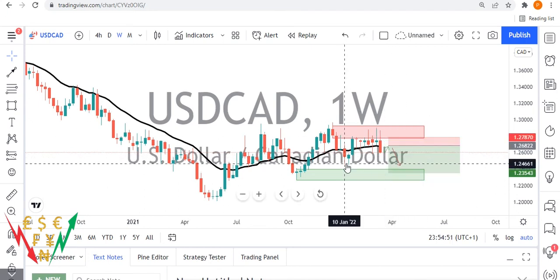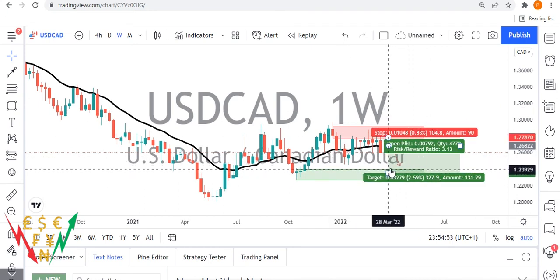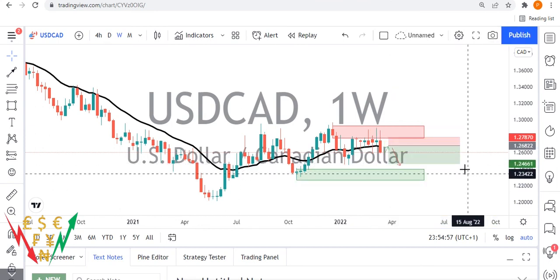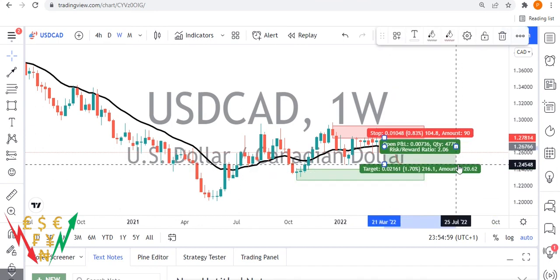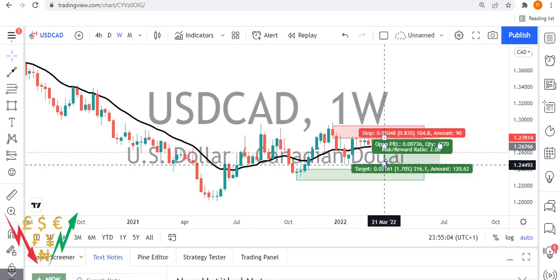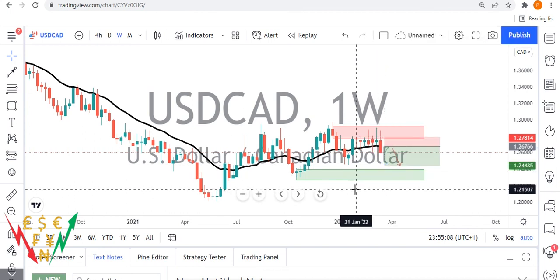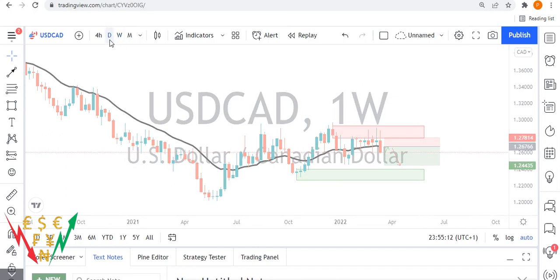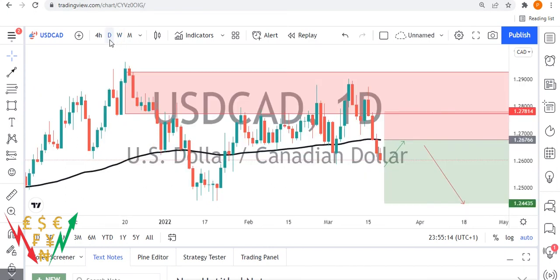Mind you guys, it doesn't have to be perfect, but let's see if we can adjust this to the upside later on. All right, so that's what we have here for the USDCAD from a swing term perspective, guys.